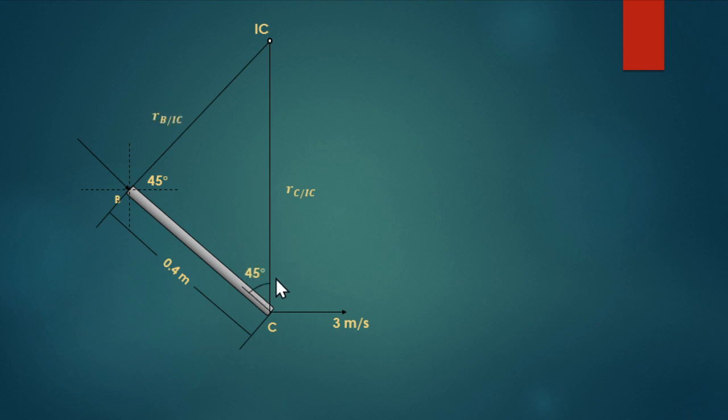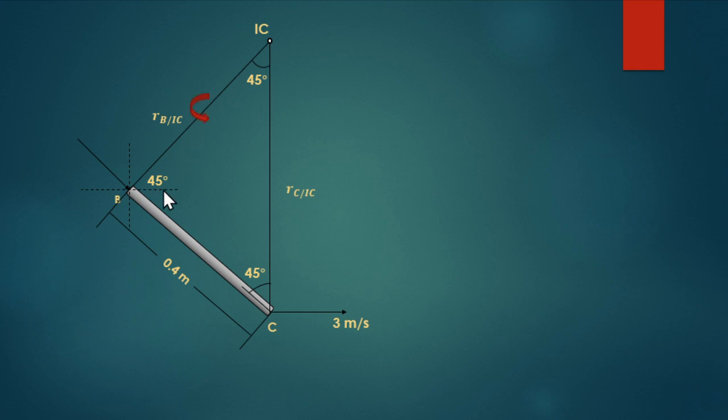So the distance from point C to IC, let us denote it as RCIC, and for point B, RBIC. Summing these, since this is perpendicular also, 90 and 45, we get the angle at point IC, which is 45 degrees.